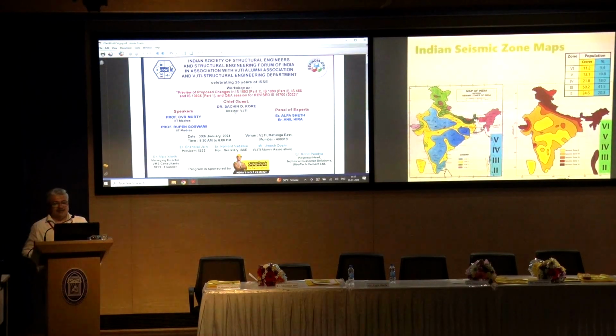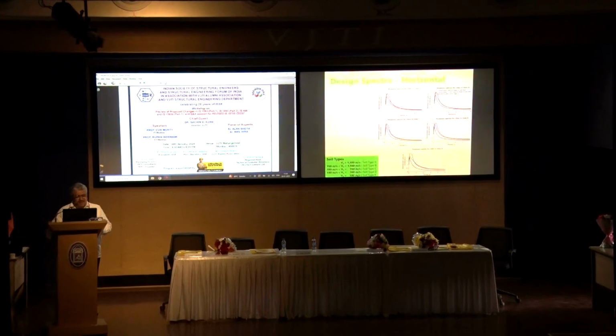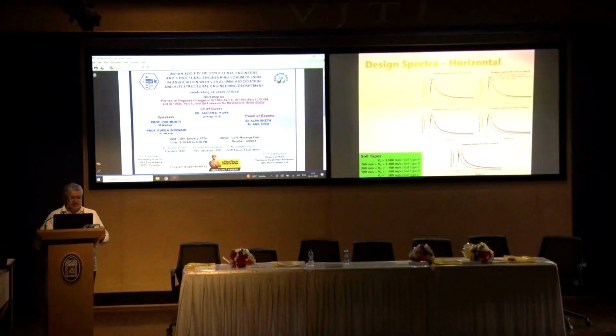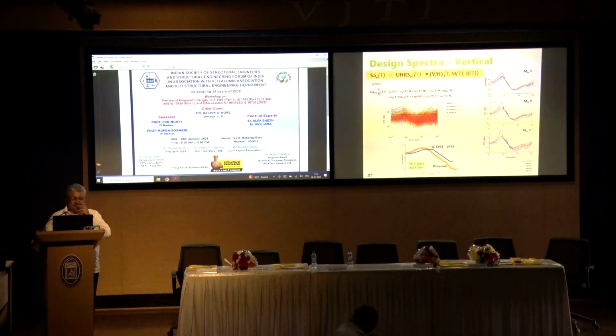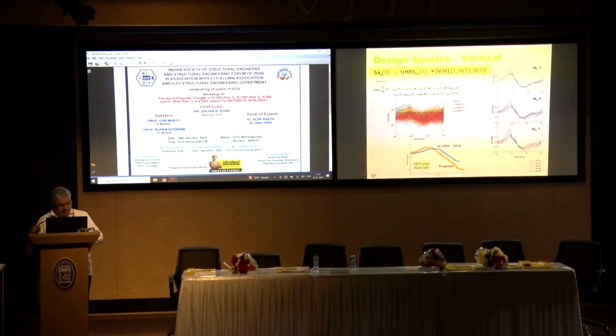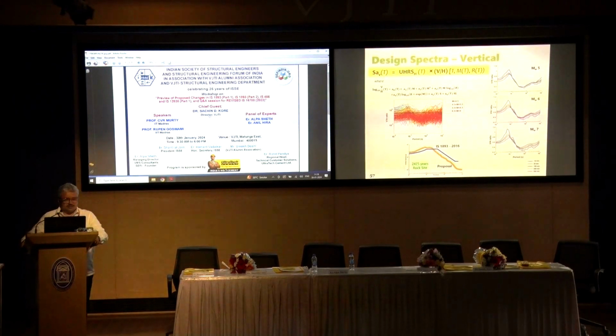The other important aspect is that this was done systematically for different types of soil with different Vs values. Talking of infrastructure, all this is in terms of horizontal ground acceleration, but a lot of infrastructure like piping also needs vertical ground acceleration.